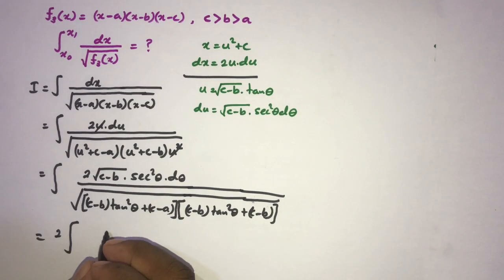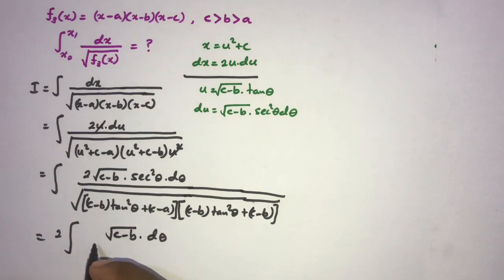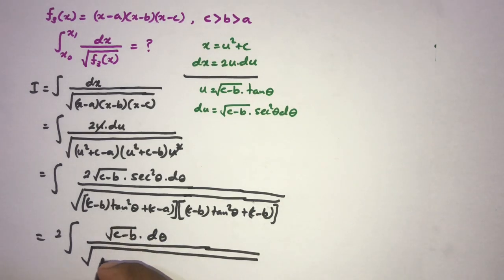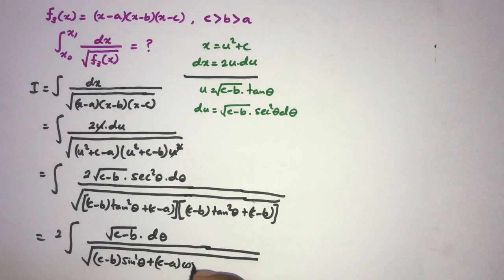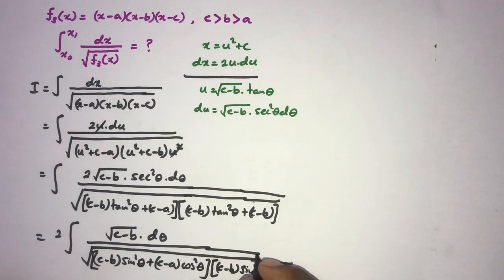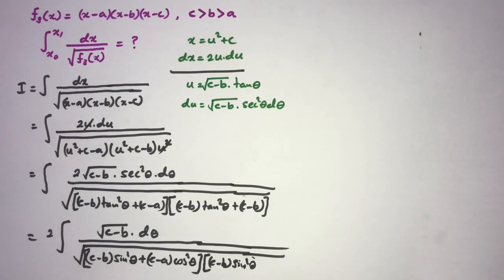So now we have square root of c minus b d theta over here square root, now we know here we have c minus b sine square of theta, we know tan square is sine square over cosine square, so we should multiply this term by cosine square of theta, so c minus a cosine square of theta times here c minus b sine square of theta, c minus b sine square of theta plus again c minus b cosine square of theta.